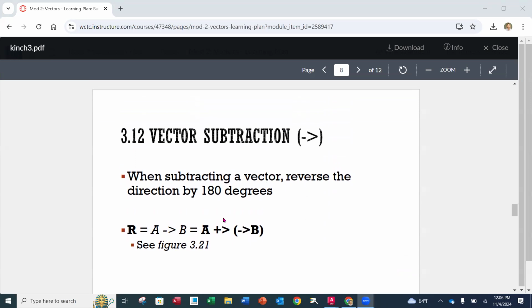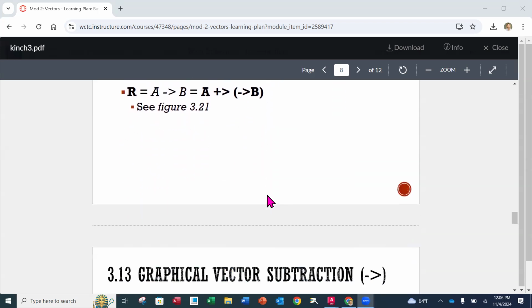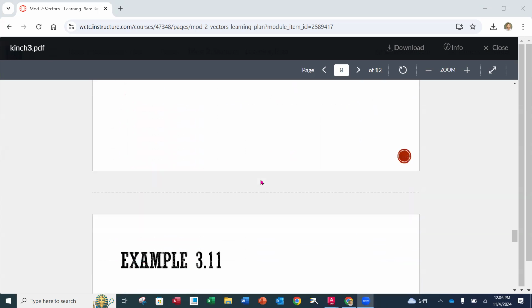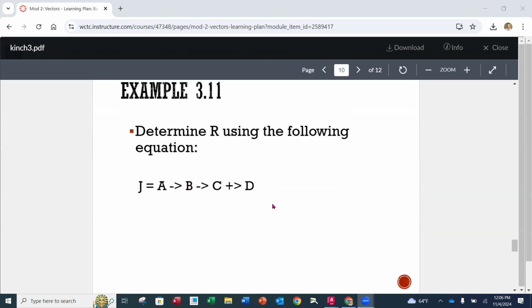We saw the other way of doing it that the book utilizes once in a while, and it's good to understand what they're doing and how you'll end up with the same result, but I like the idea of reapplying something again, like just doing addition, but with the negative version of that vector. We did a couple examples, example 10 and example 11, using this concept of adding and subtracting within the same equation.